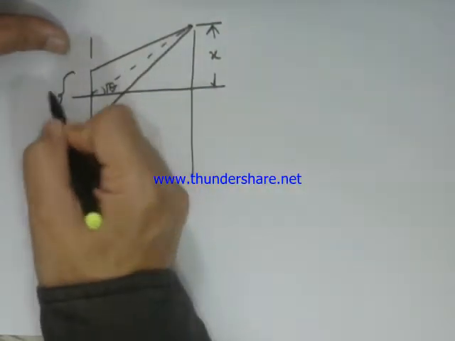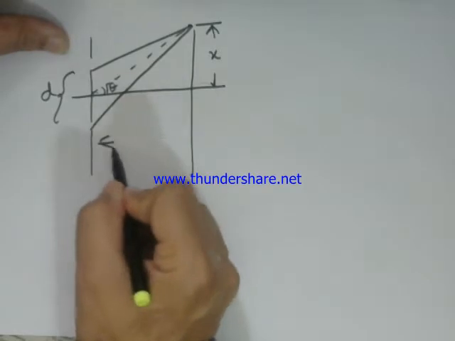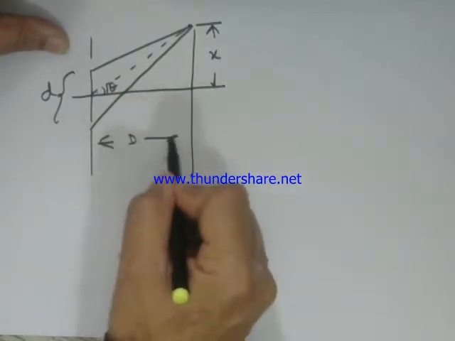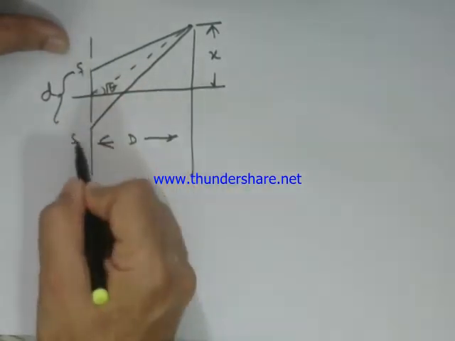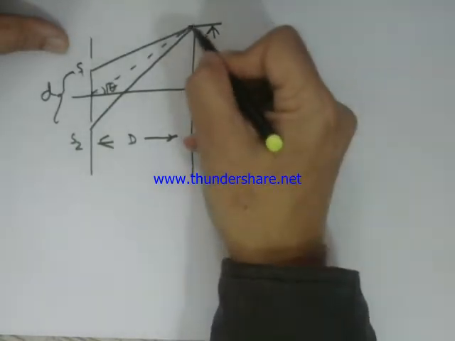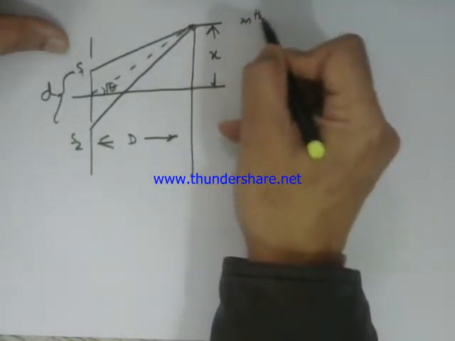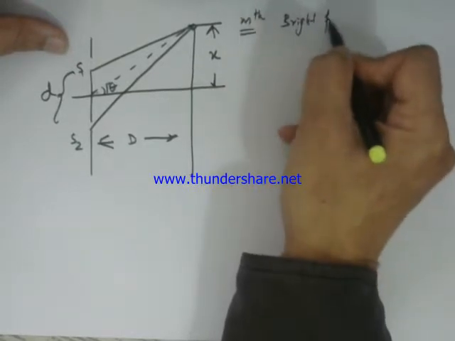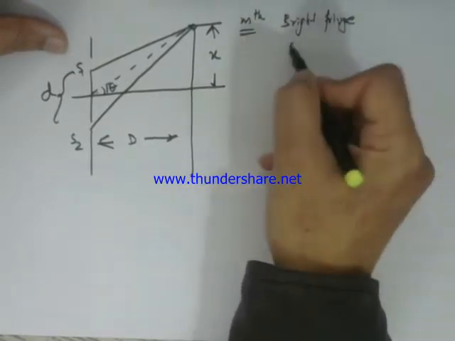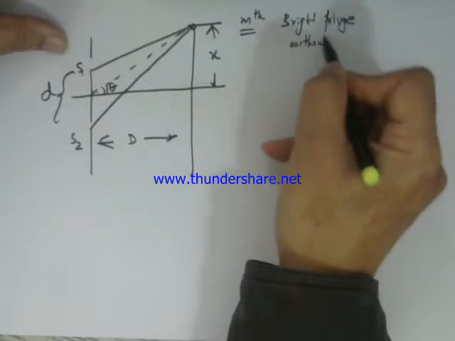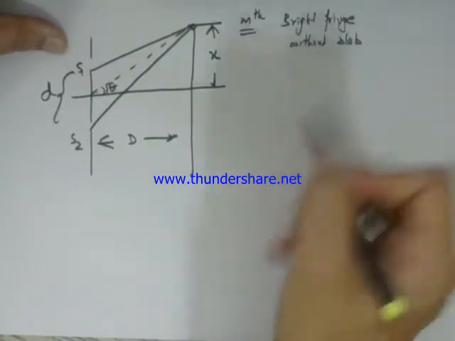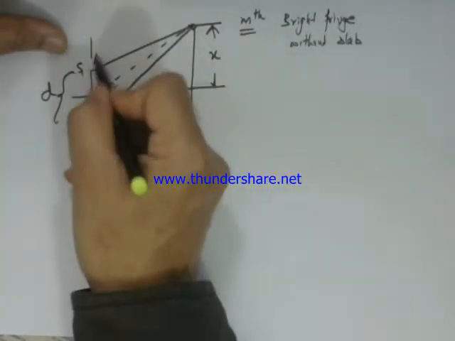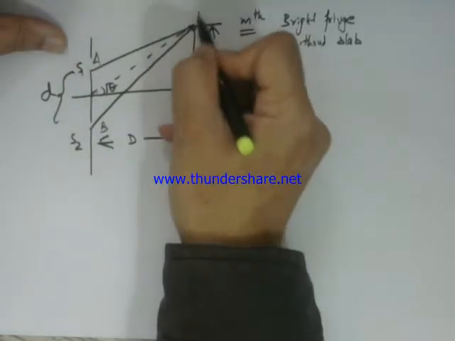This is the same d, this small d, and this is capital D, and this is S1 and this is S2. Let there be an mth bright fringe here without slab. Now this is A, this is B, and this is P.